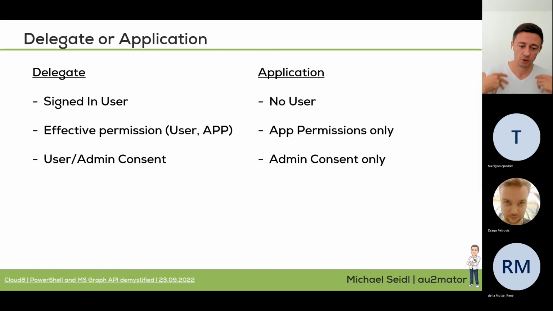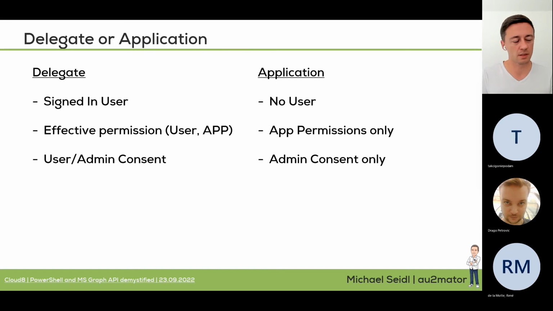The app is just to open the door and say hi to the cloud, but then the permissions of the signed in user are used to do all the stuff in the cloud. So for example, the app registration has access to all mailboxes in the tenant, but the signed in user hasn't. He only has rights to his mailbox, which is standard. The user is only able to read emails in his mailbox.